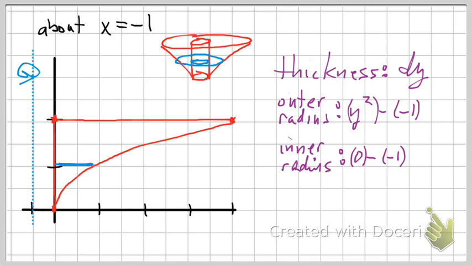So this means my outer radius is y squared plus 1, and my inner radius is 1. You should be able to make sense of this. As you slide up and down that shape, that inner radius is always going to be a 1. You cut a cylinder out, right? The radius won't change. But the outer radius is going to grow as you move up the y-axis. All right.